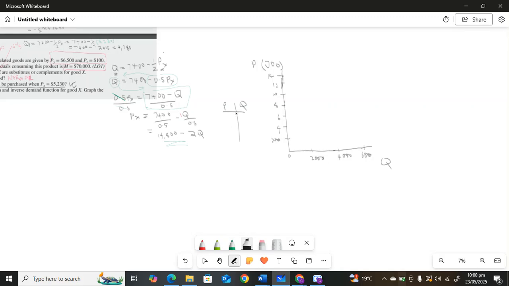So it's just a matter of putting values of Q. You say if Q equals 0, you substitute it into this demand function here. 14,800 minus 2 times 0. 2 times 0 is 0. So 14,800 minus 0 is 14,800. It's above 14,000, so you can plot it here. When Q is 0, the price is 14,800.